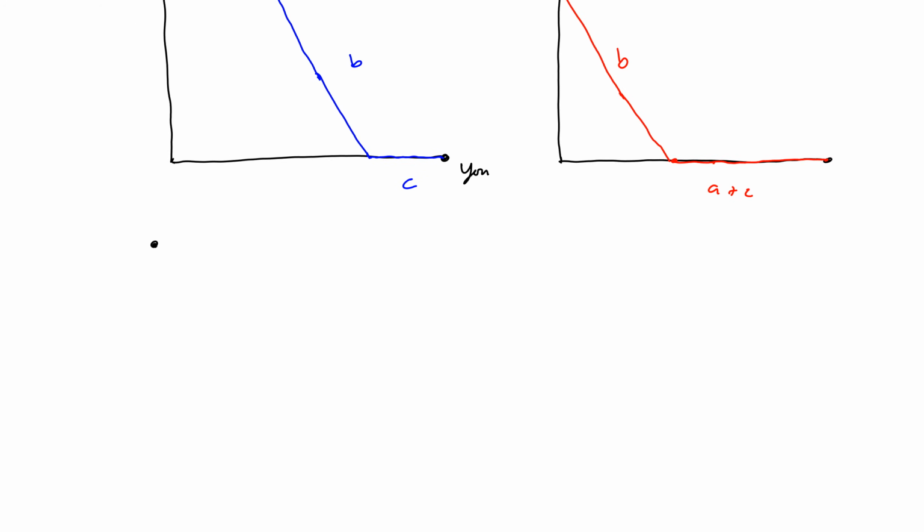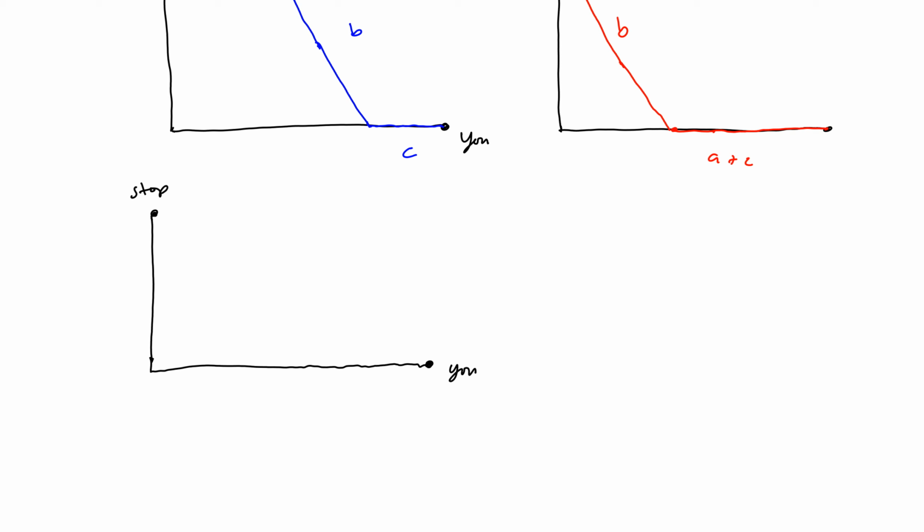So let's say here's the stop. You're over here. And let's say you're going to run or walk a distance x here, and then this distance here is going to be y. Now we know that the distance is equal to the rate times time.